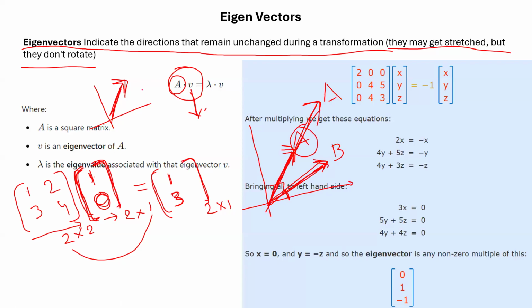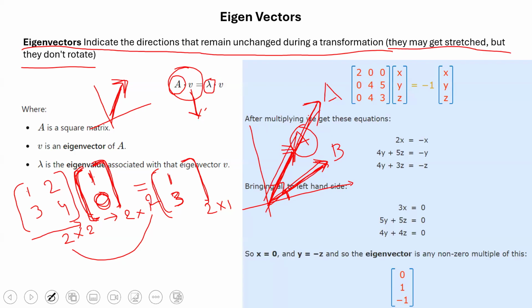When you perform a transformation on an eigenvector, the direction of that vector will not change, but it may get stretched or compressed. So you look at this lambda. Lambda is just a stretching or compressing parameter. So if I say 2 into (1, 3), when I multiply this, what happens?